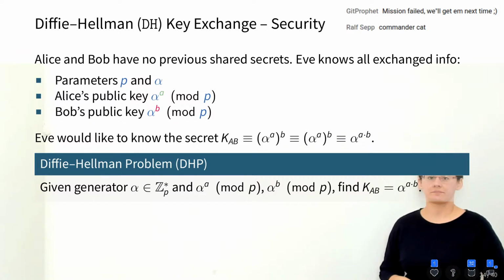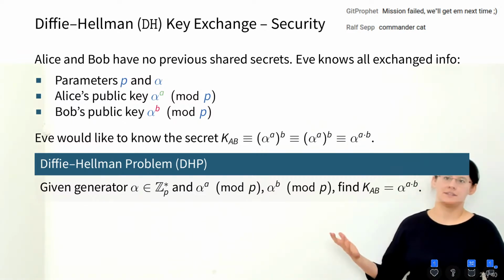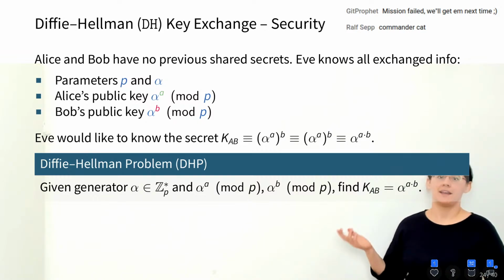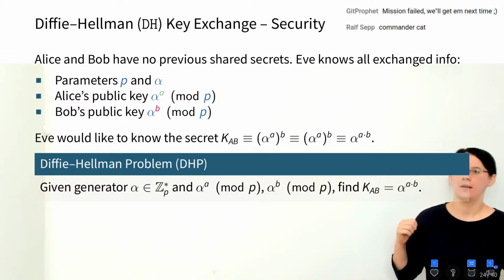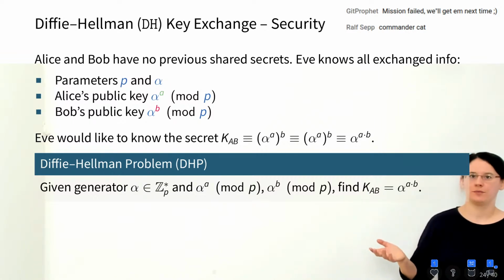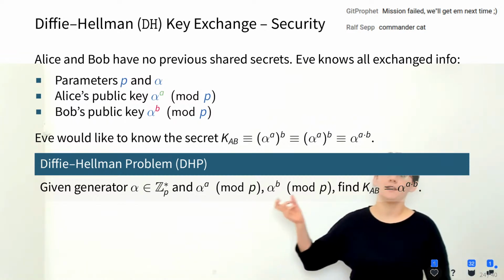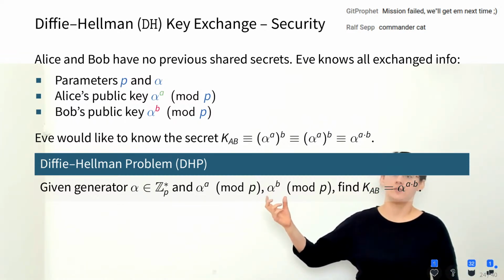And what people believe is that this Diffie-Hellman problem is as hard as the discrete logarithm problem, because the fastest way that we know how to solve this problem is by trying to take one of the public keys and recovering the secret exponent from it.